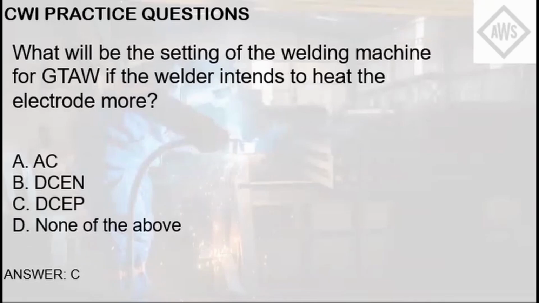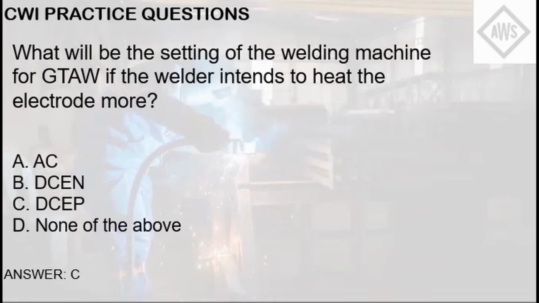You will also need to remember that DCEN is known as straight polarity, while DCEP is known as reverse polarity. So you might want to know those nomenclatures for the electrode characteristic or the electrical polarity of the welding processes, because the questions might not have the choices as DCEN or DCEP.